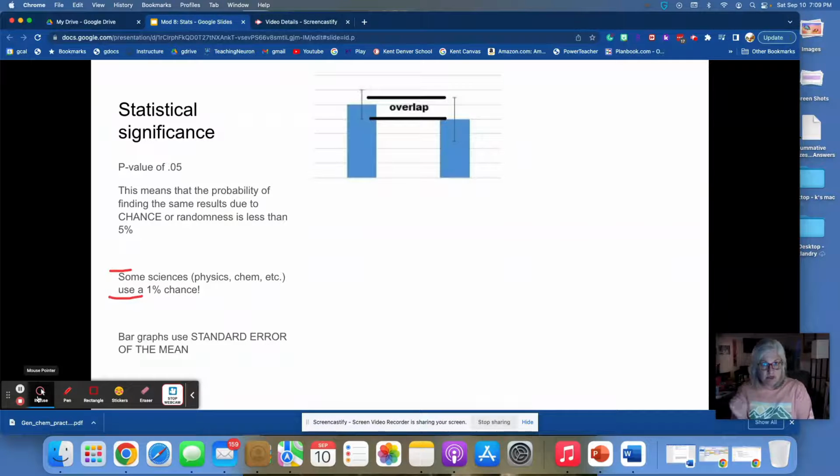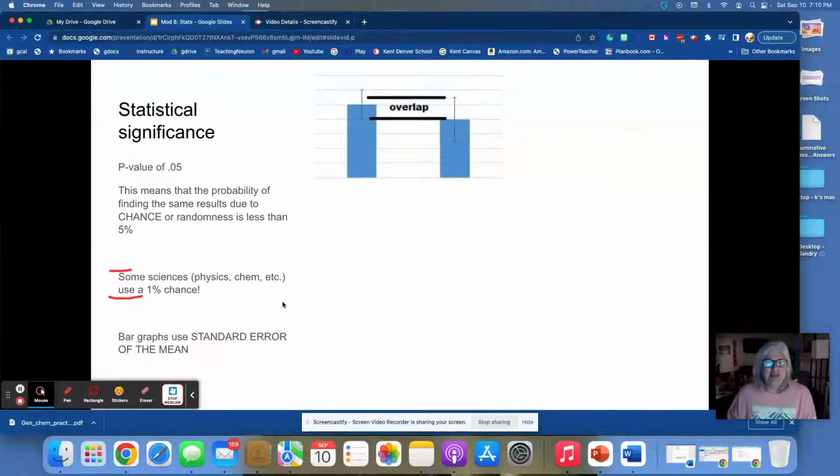So a p-value of 0.05 is saying there's a 5% chance that this relationship I'm seeing is due to random chance. Okay, so randomness. Now, some sciences use much smaller numbers. Obviously chemistry and physics aren't going to use 5% because that's a pretty big random chance for chemistry if you're making something like an atomic bomb.